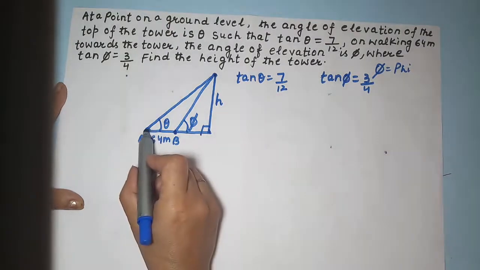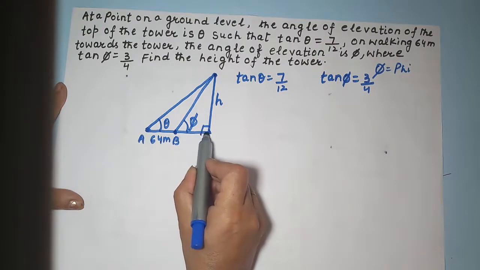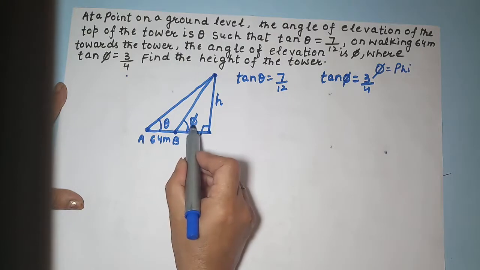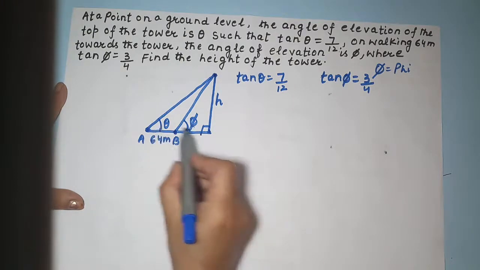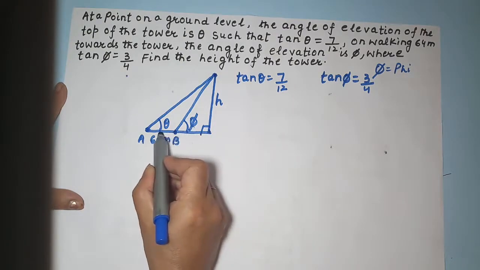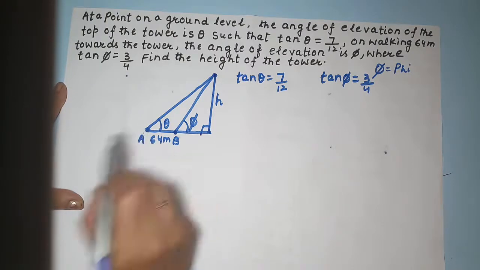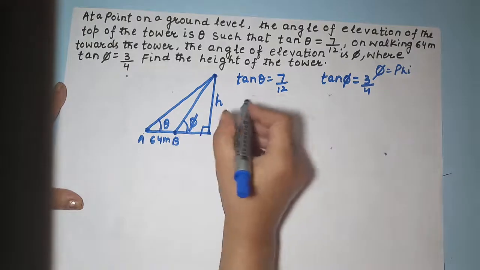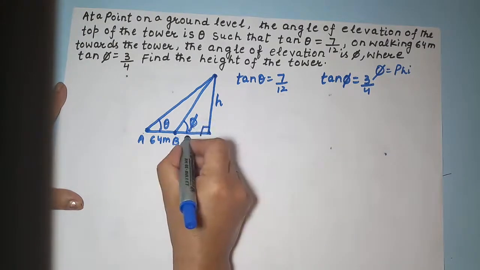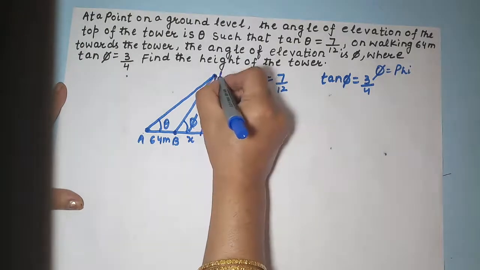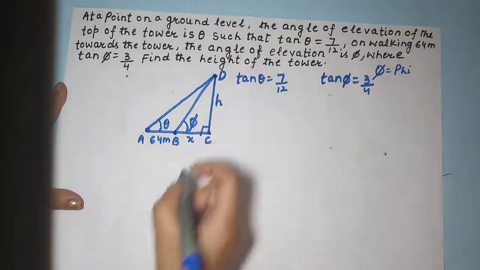Remember, when we move towards the tower, the angle of elevation increases. Phi is greater than theta. So as you move away from the tower, the angle of elevation decreases, right? Okay, now let's say this is A, B and this is C, and let me call this D. DC is the height of the tower.